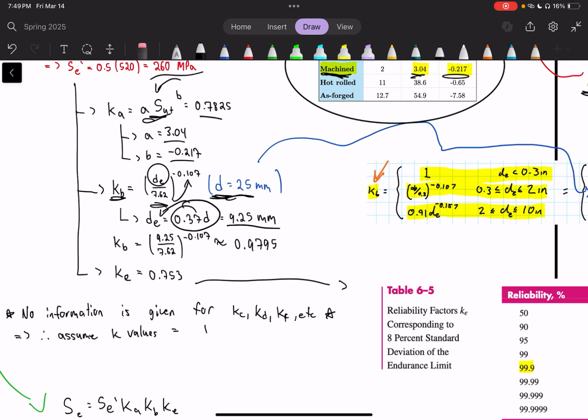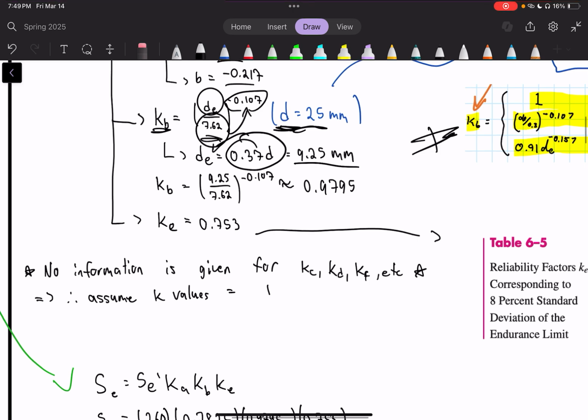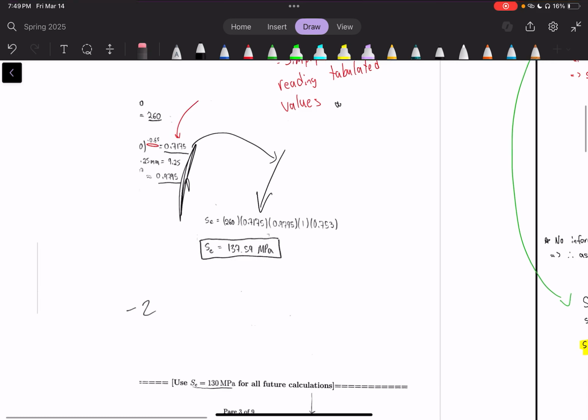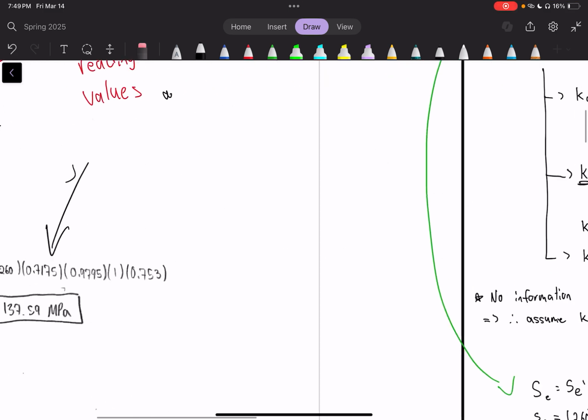We plug that in, and we get our 7.62 and our negative 1.07 from the table over there. That is how we determine what exactly our kb is, which was 0.9795. And as you can see, that is where I went wrong. Actually, no, sorry, this one is what I got right. It was that one with reading the tables wrong.